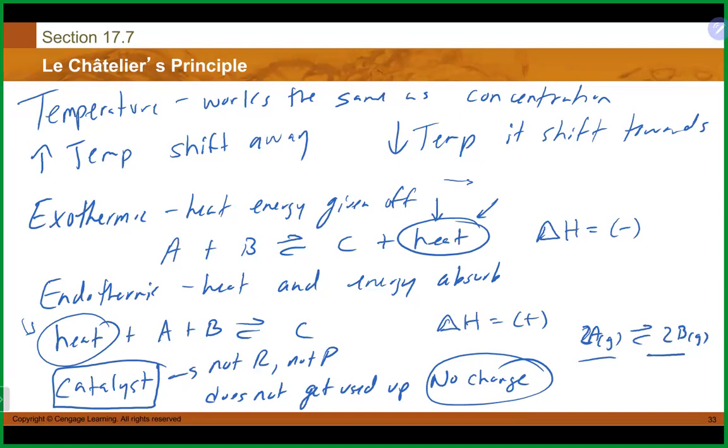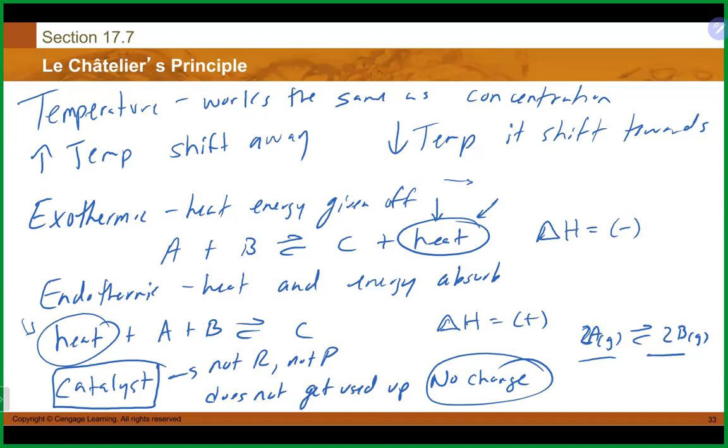There's no smaller gas molecules, larger gas molecules, they're equal. So that's another way that you could get a no change if you have equal numbers of gas molecules on each side. So it is possible to get no changes, and those are the three common ways. You add a catalyst, a noble gas, or if you have the same number of gas molecules on each side of the arrow, they essentially will cancel each other out. Any questions on that there?